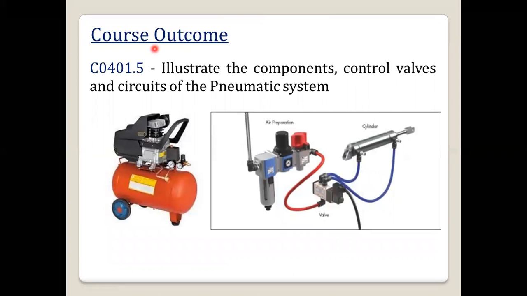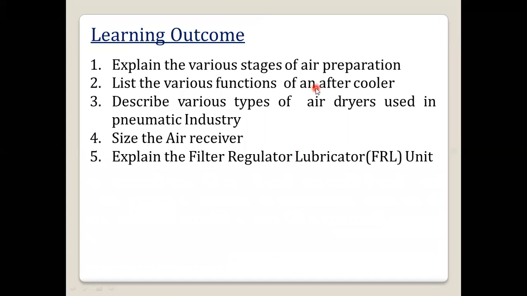The course outcome for this lecture is to illustrate the components, control valves, and circuits of a pneumatic system. The learning outcome for today's session is that after studying, you have to explain the various stages of air preparation, how the air is prepared.